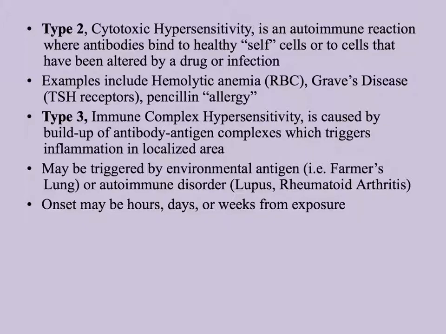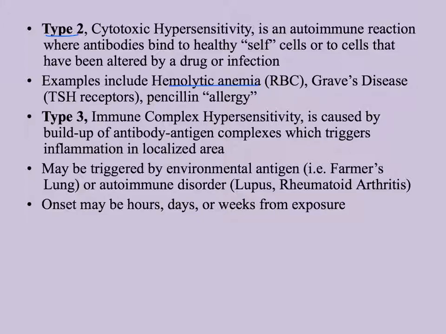Type 2 hypersensitivity is cytotoxic hypersensitivity, where the antibodies bind to healthy cells, or they bind to cells that somehow their appearance has been changed by a drug that's being taken or an infection of particular bacteria or virus. So in this case, some of the examples here, hemolytic anemia is caused by a cytotoxic hypersensitivity.